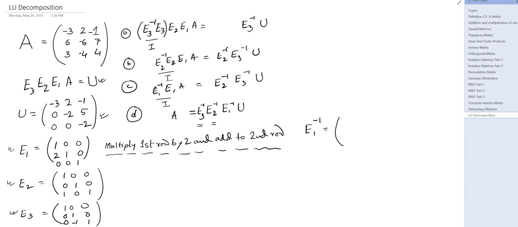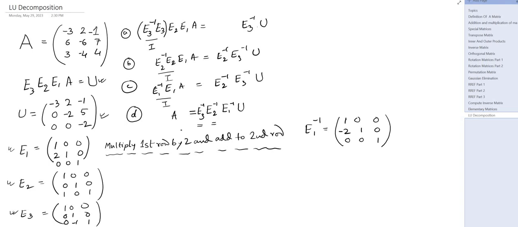If I have to do the opposite, I have to multiply the first row by -2 and add it to the second row. So the inverse of the elementary matrix will be this.